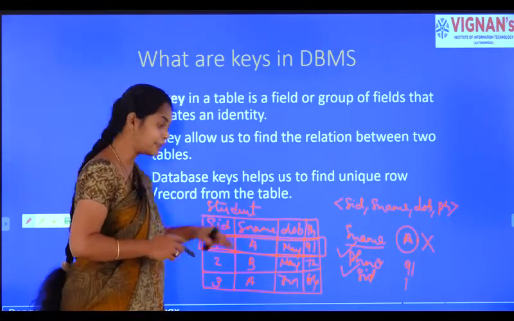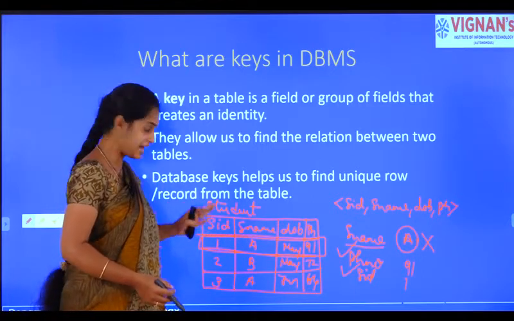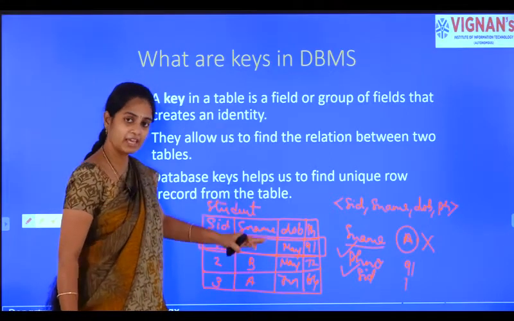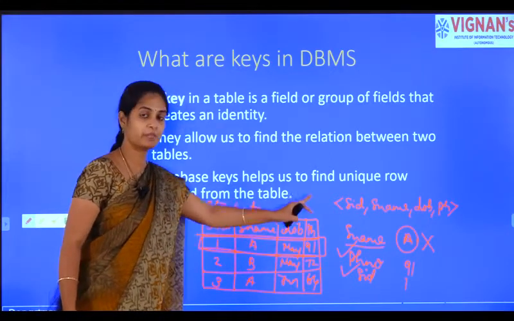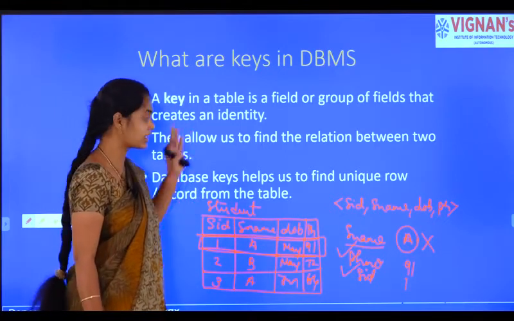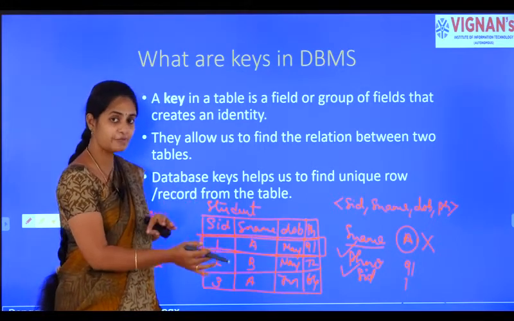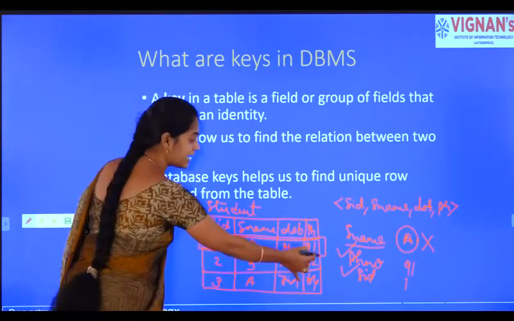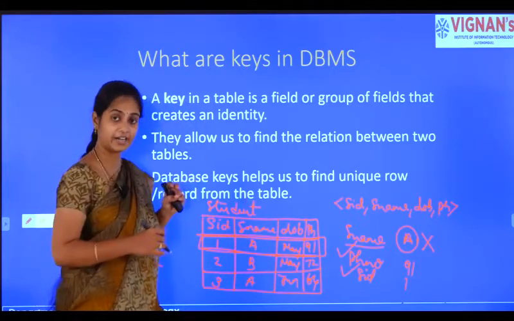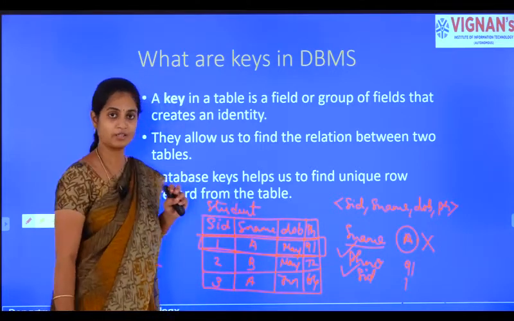Yes, 1 belongs to student. And what is the information that I have for 1? 1 has the name A, was born in May and has the phone number 91. So what is a key? A key is nothing but an attribute or a set of attributes that uniquely identifies the entire tuple, uniquely identifies the entire record, and it will distinguish it from the other tables also, right.